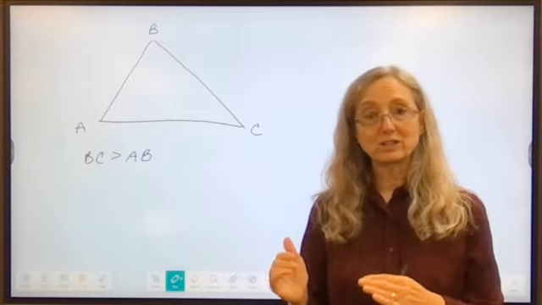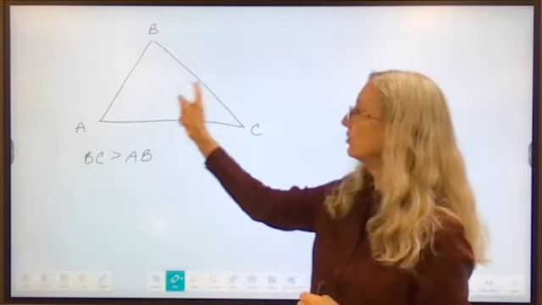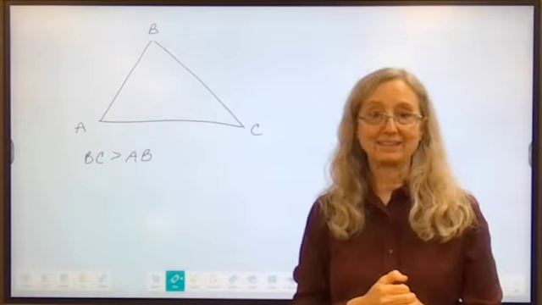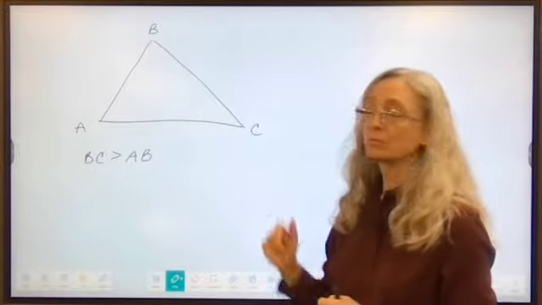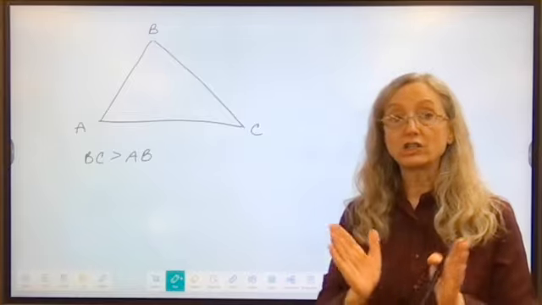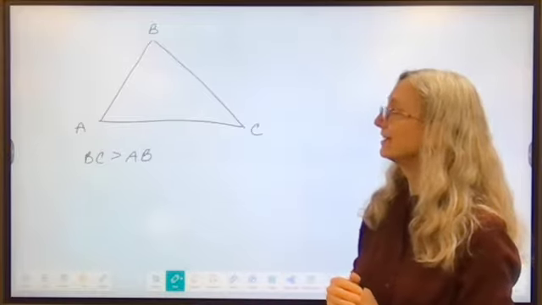So if you look at this triangle, BC is the longer side, it is across from angle A. AB is the smaller side, it is across from angle C. The larger angle will be across or opposite the longer side.